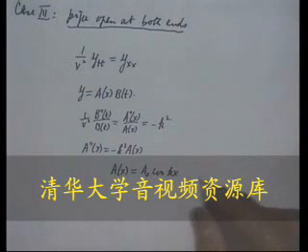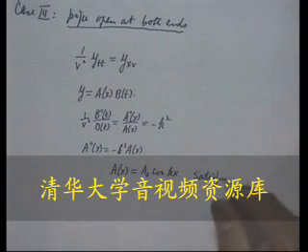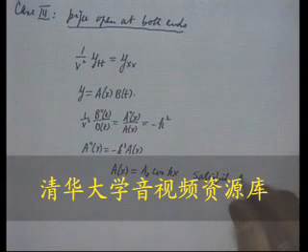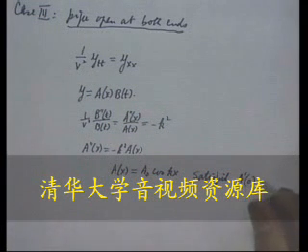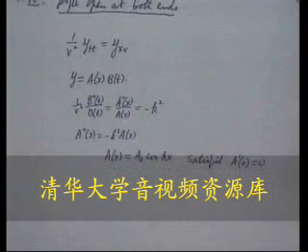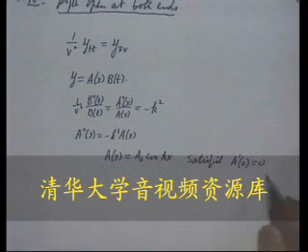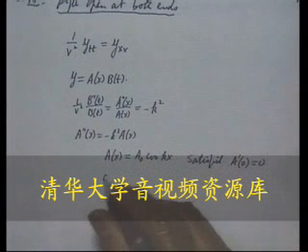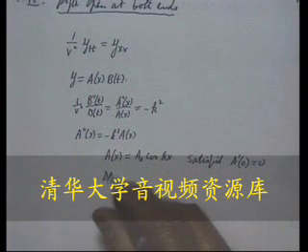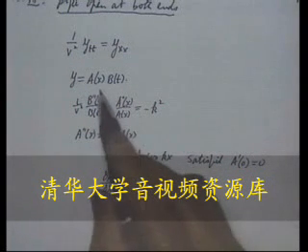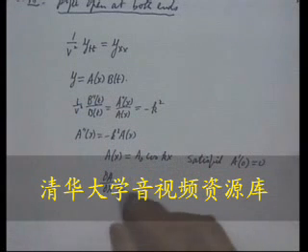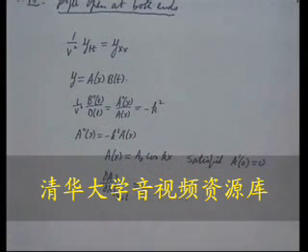And this satisfies A prime of 0 is equal to 0. The other end: when you differentiate y, you only differentiate A. So dA/dx at x equal to L has to be equal to 0. That's the other boundary condition.